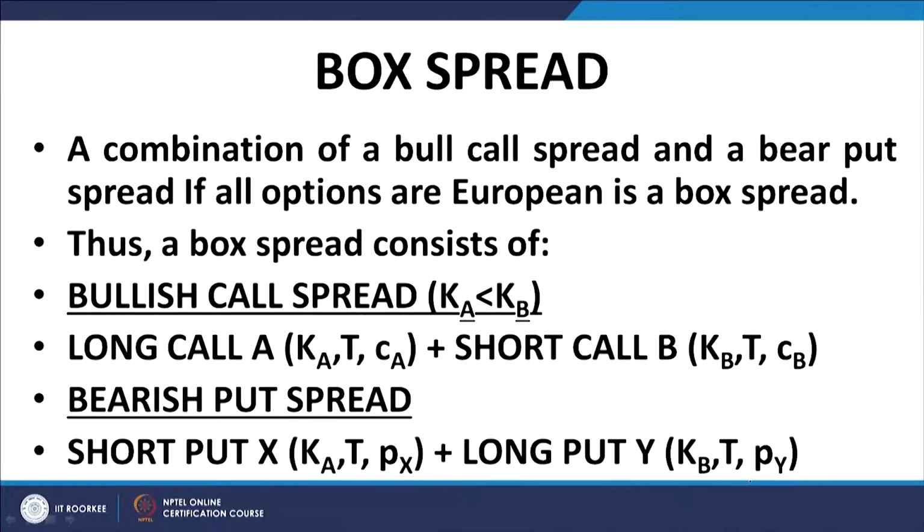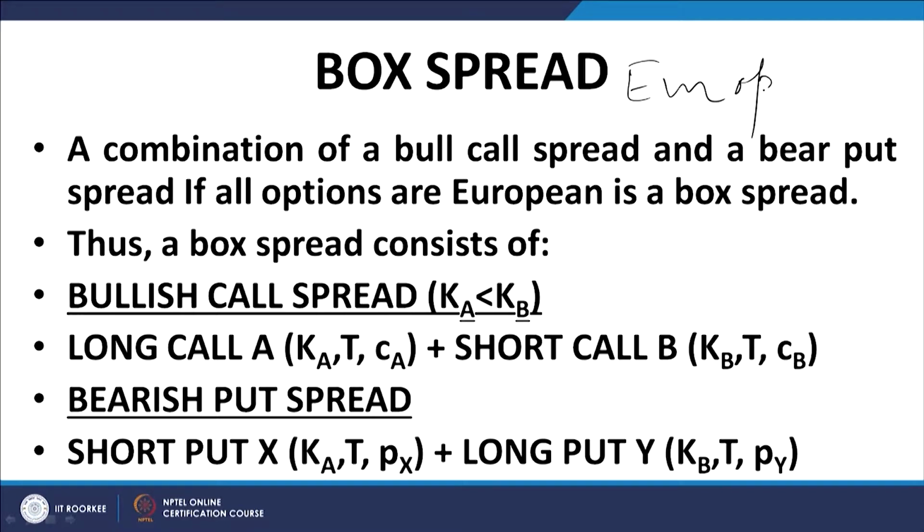Now, we come to a very intriguing combination of options, which is called a box spread. A box spread consists of a bullish call spread between two prices Ka and Kb. There are two strike prices Ka, Kb, same maturity, and the options are European. Please note this, it is very important, European options.